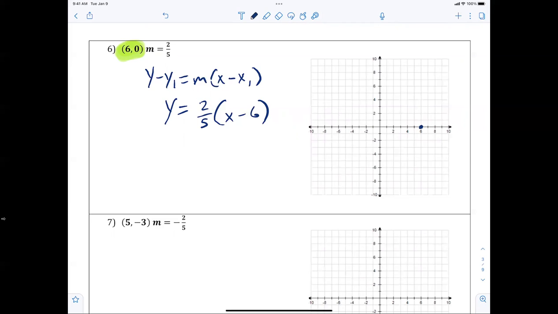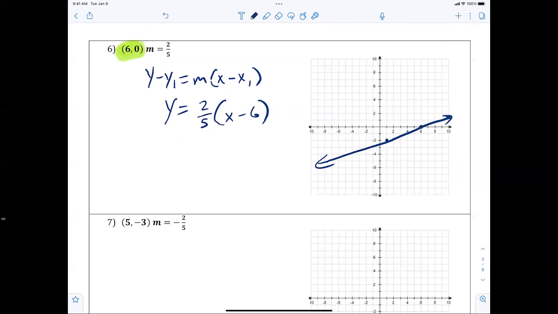And then what? 2/5. Can I go over 5? No, so I have to go down 2, over is not a direction. Thank you. And there's your line. Anybody have any issues with that?